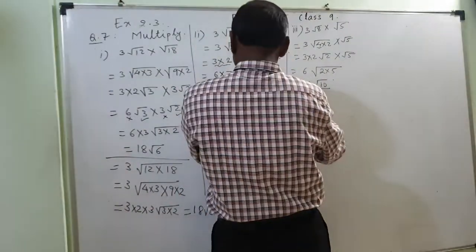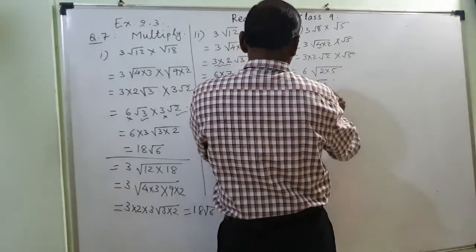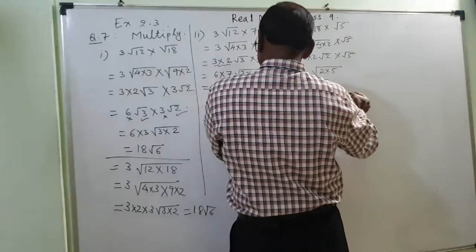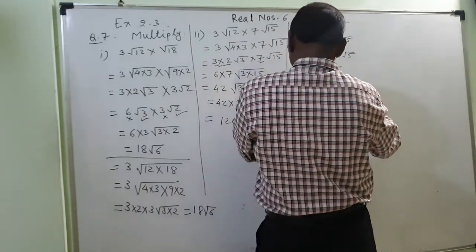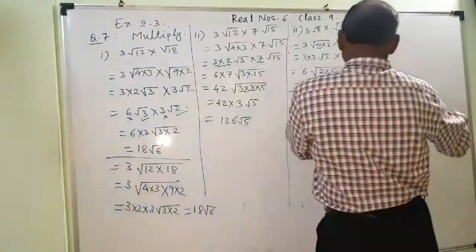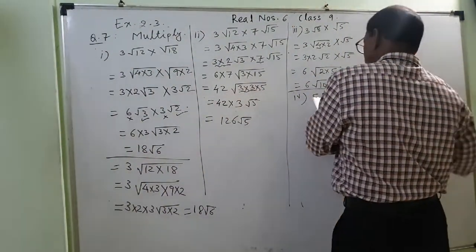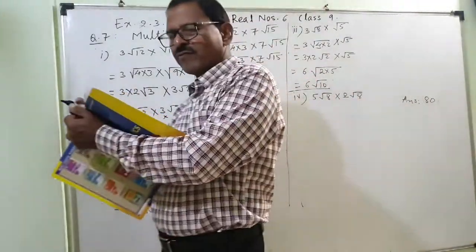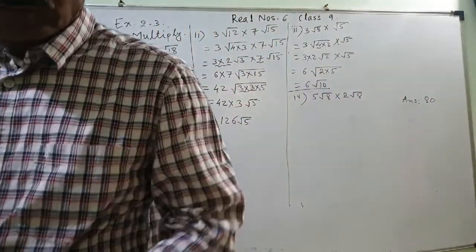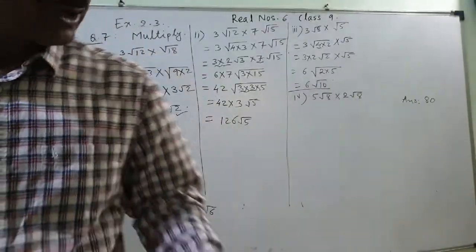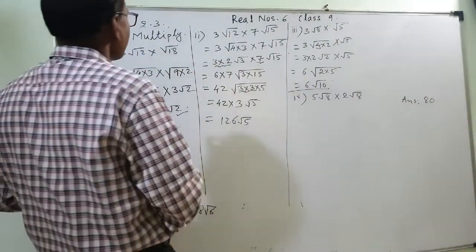Fourth is 5 root 8 into 2 root 8 and the answer is 80. Answer 80. So you do it yourself. I don't think you need my help now in this.